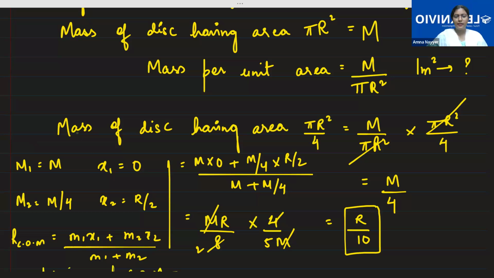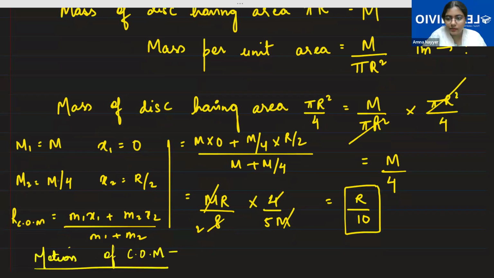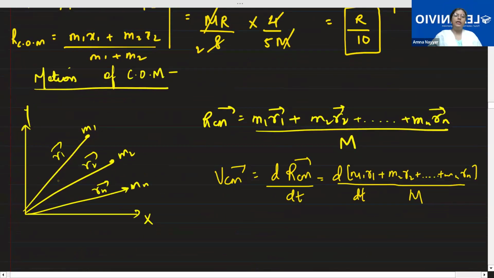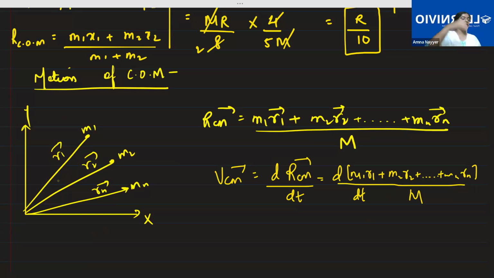Okay, I think by now all of you must have written. Now see, motion of center of mass means till now we were just calculating the position of center of mass. Position of center of mass means you are calculating where the center of mass is located, correct?